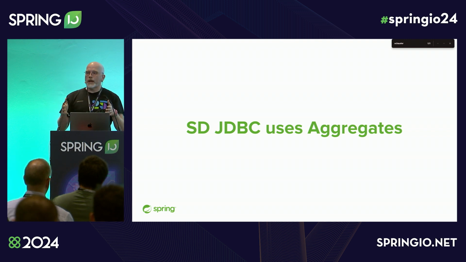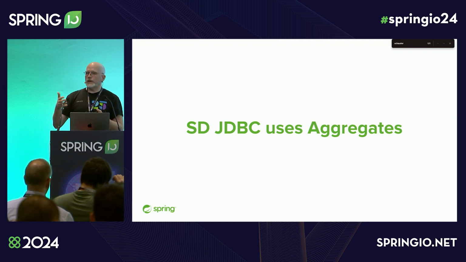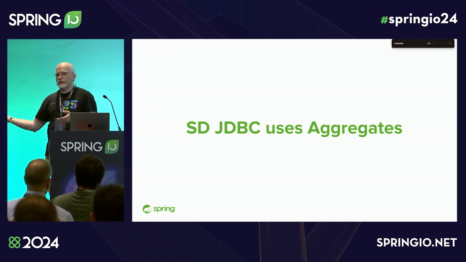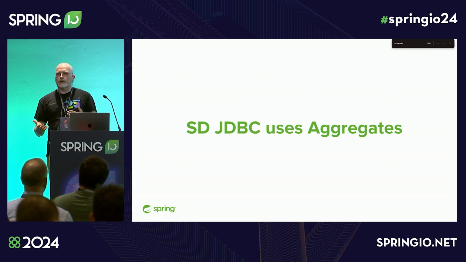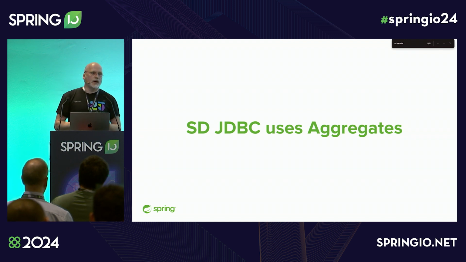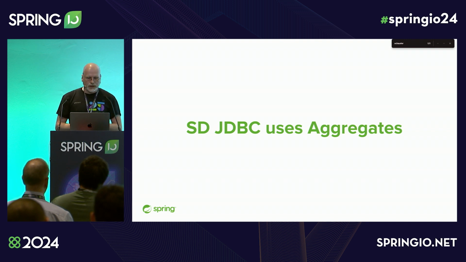And the boundaries of the aggregates are actually defined by, well, not using references anymore. Instead, you basically use an ID to reference a different aggregate. And understanding these aggregates is really important. At the end of the slides, I have a link to a little article I wrote where you can read up on that. That's a really important concept.